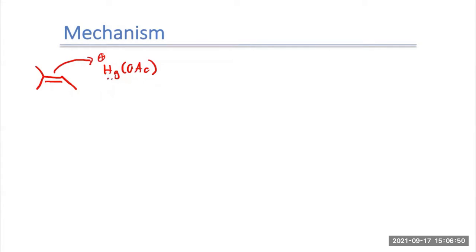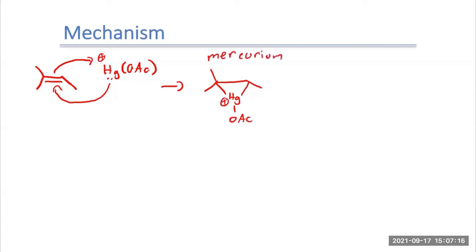And so then the mercury lone pair is going to come and attack the carbocation that's forming. And what that does is it creates a three-membered ring with the mercury. And this is what we call our mercurium ion. Then what's going to happen is our water molecule is going to go and attack the more substituted side of the mercurium ion.